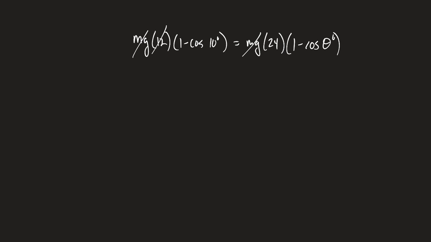Cancel, cancel, 12, 2, and I have (1 minus cosine 10 degrees) divided by 2 equals 1 minus cosine theta. I'll leave that to you guys. So 75?